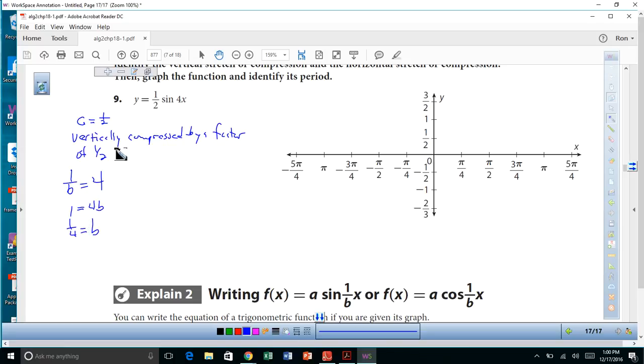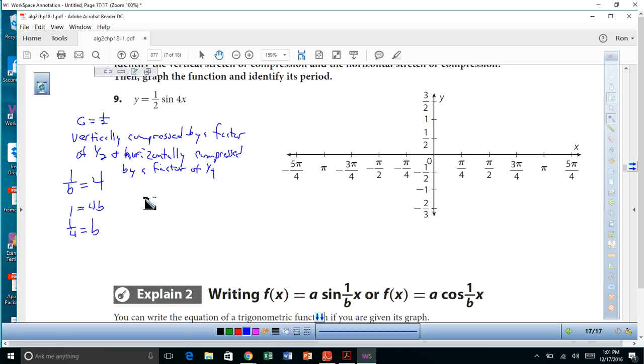So we'll be horizontally compressed by a factor of 1/4. Okay.